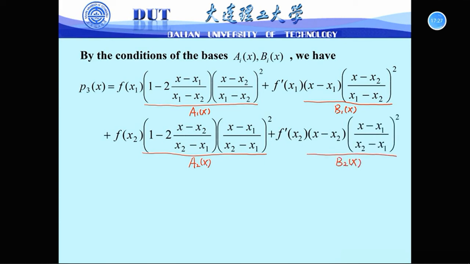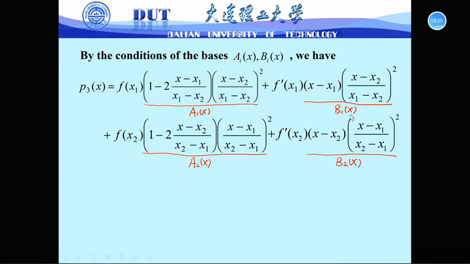Okay, so now for a1x, it is equal to 1 minus 2 multiplied by the ratio (x minus x1) divided by (x1 minus x2), multiplied by (x minus x2) divided by (x1 minus x2) squared. For a1 and a2, just substitute x1 by x2 and interchange x1 and x2, from a1 to a2.